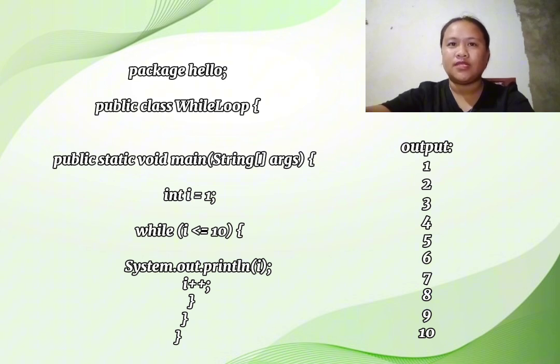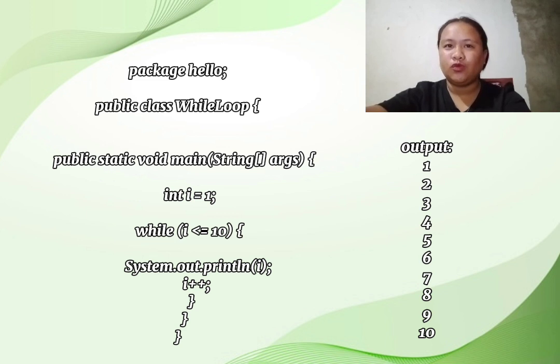We initialize the integer variable I to 1. The next is the condition. The condition we used is a while loop, which means that the loop continues as long as I is less than or equal to 10.